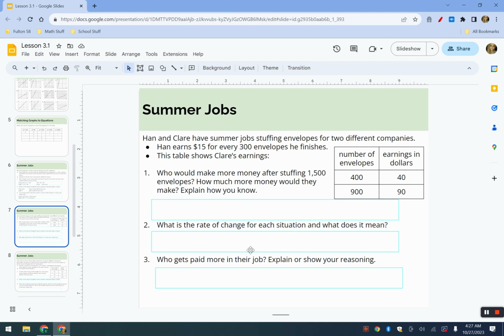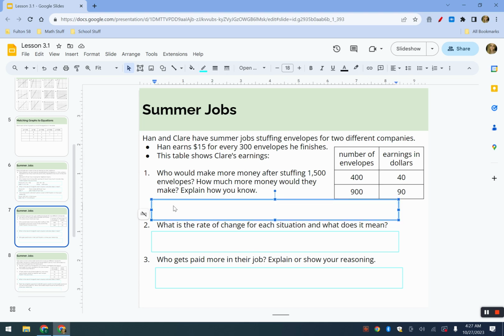So for this one, there's so many different ways to look at it. I will just talk about what I did in the problem because it's the easiest to then answer all of the problems. So I went ahead and I found the rate of change. So for every envelope, how much did they make?